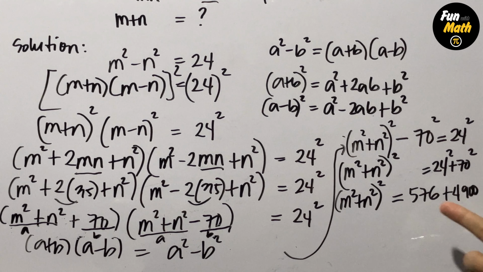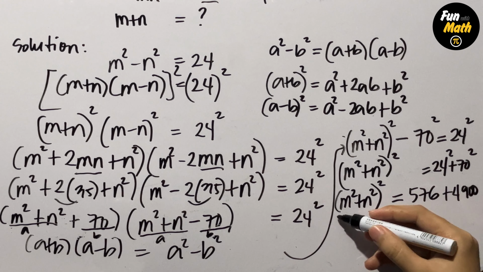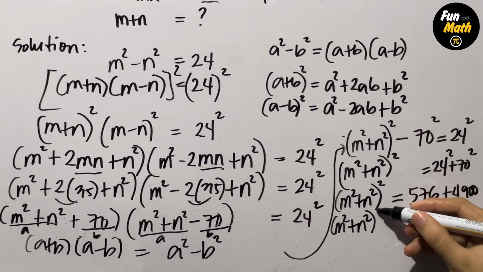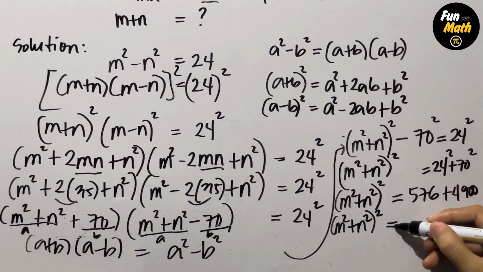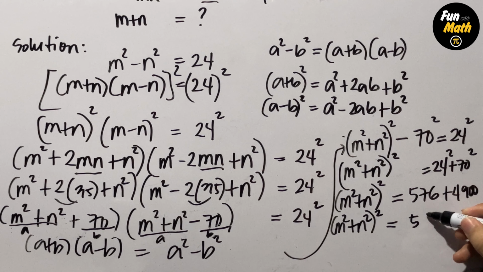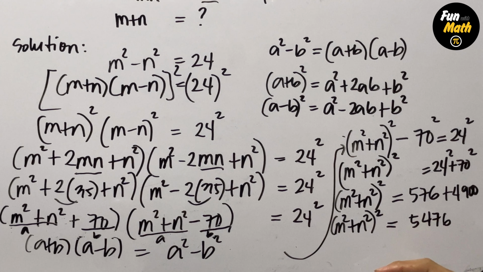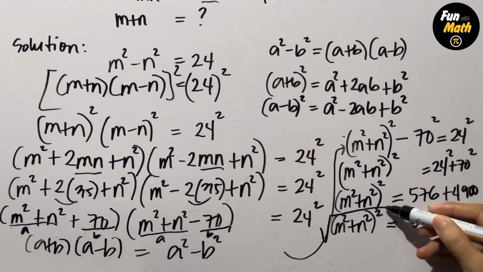And if we add, m squared plus n squared whole to the power of 2 is equal to 5,476.